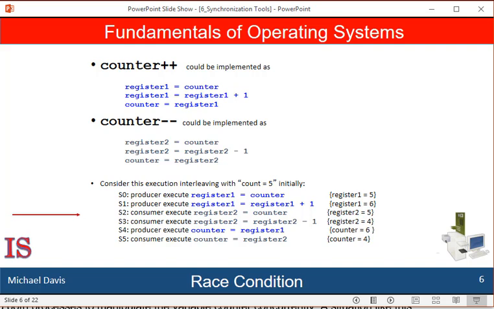To guard against the race condition that we see here, we need to make sure that only one process at a time can manipulate the variable counter. To make such a guarantee, we must make certain that the processes be synchronized in some way. Situations like this are not rare on a computer system, since in operating systems, different parts of the system often manipulate resources.